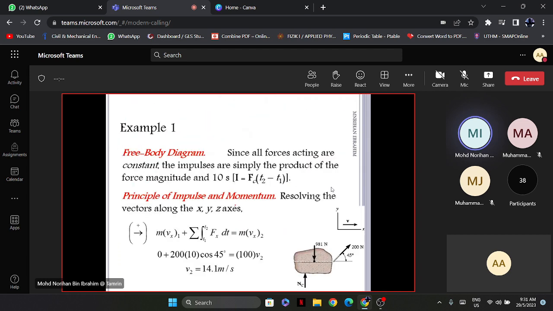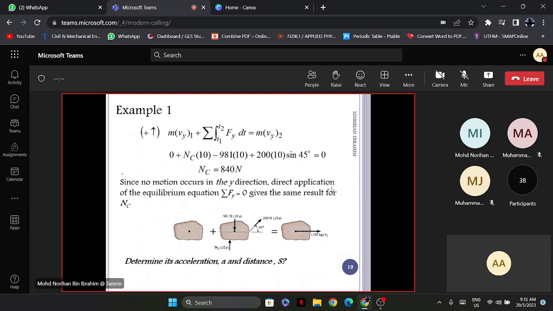Here is the solution as well. Since no motion occurs in the y direction, direct application of the equilibrium equation, sum of Fy equal to 0, gives the same result for NC. We can also apply Newton's second law of motion, the kinetic equation of motion, to solve this.